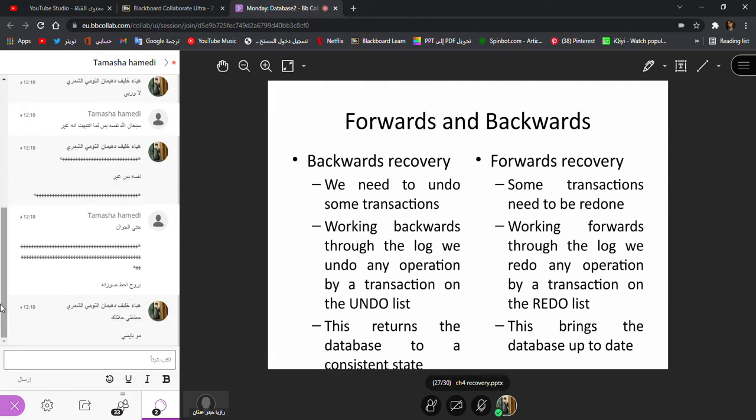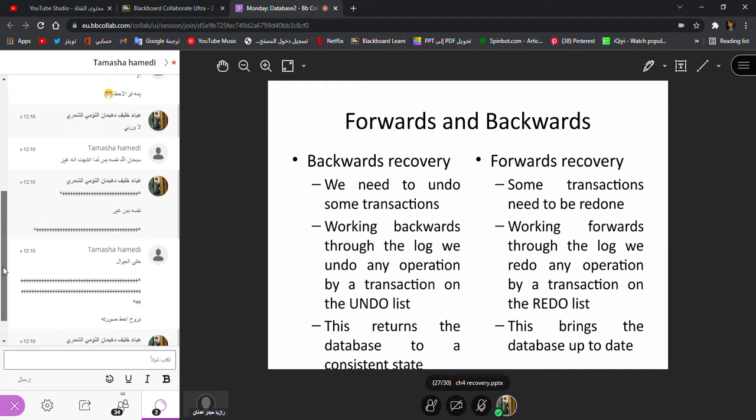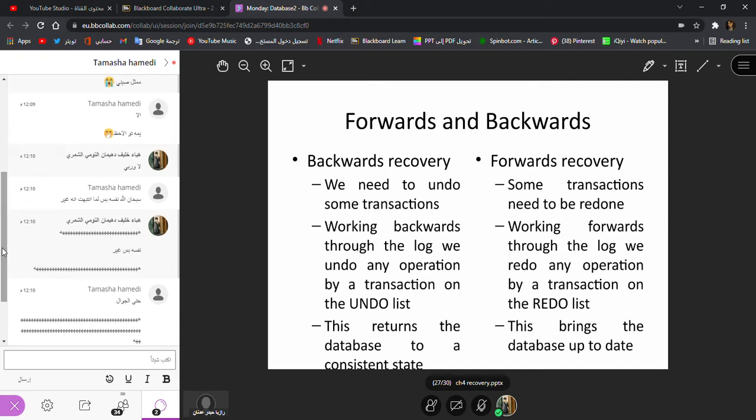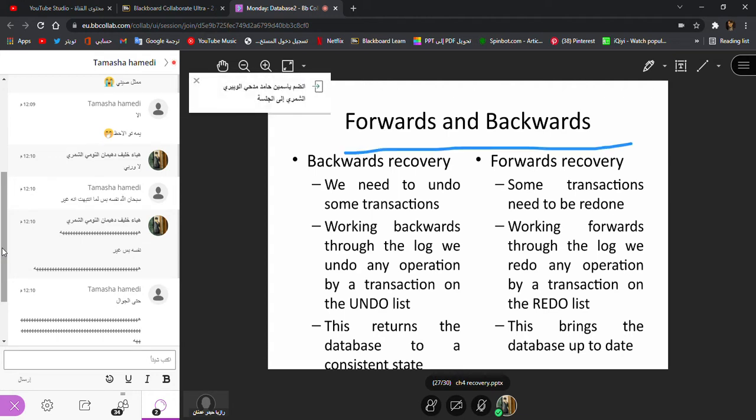So what you do, you need to undo some transactions. If you apply the backward recovery, then maybe you will apply the undo technique on some of the transactions. And how you will work with that is that you will go backward in the reading of the log. This is your log, so you will go in this way, backward.